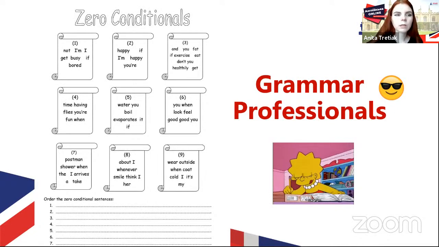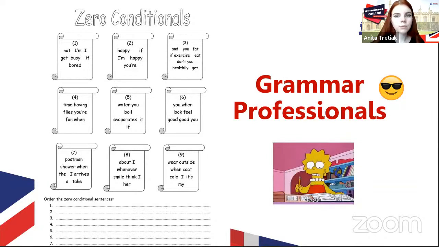So number 1, I'm reading. Not I get busy if and bored. So just like random words, if we can say so. And we need to order these words. So how can we do that? I wanted to use the result first, so I won't need a comma.